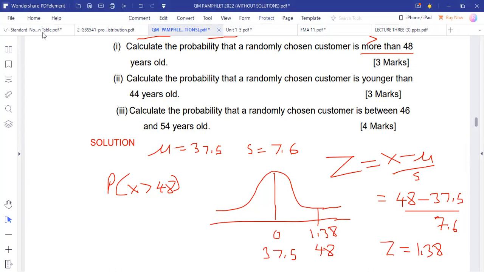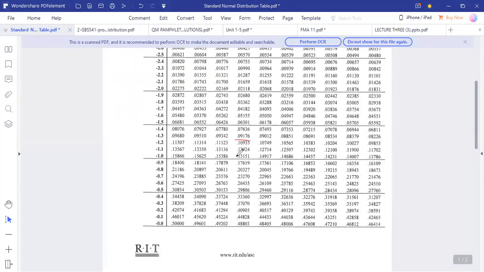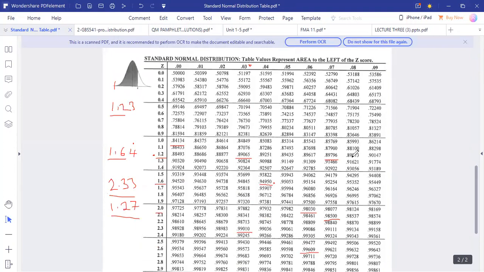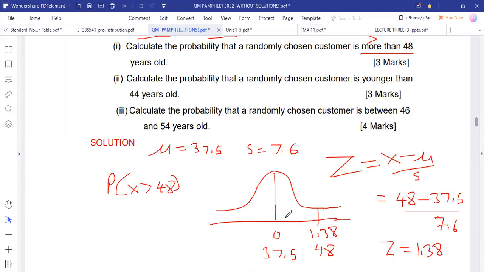Read from the tables, and what do we find? 0.91621.